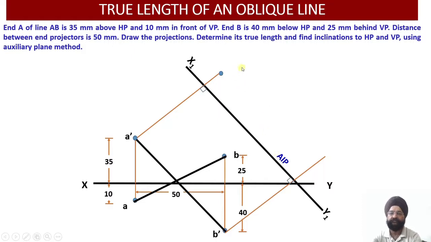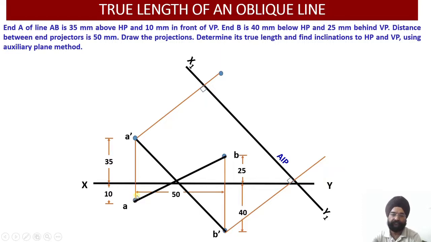In order to draw auxiliary plan, I need to mark the distances of the plan for end A and for end B onto this particular x1, y1 reference plane. So please see, how do we do the marking? The marking is with respect to the A dash projector line, I have to mark the coordinate location of the end B and A in the plan.